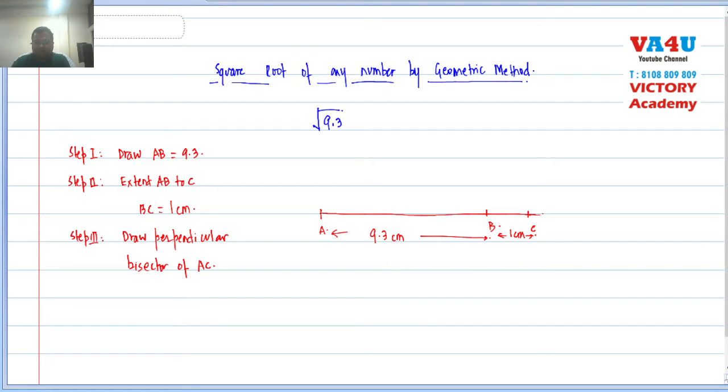So for that you will use the compass. Okay, you will take a length more than half, make an arc on top, make an arc at the bottom by keeping at C, then keep at A with same measure, arc at top and bottom. Okay, join these 2 points.